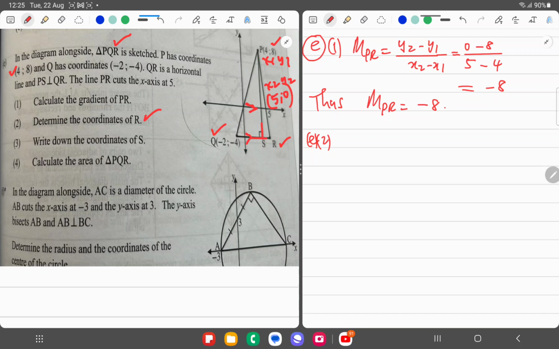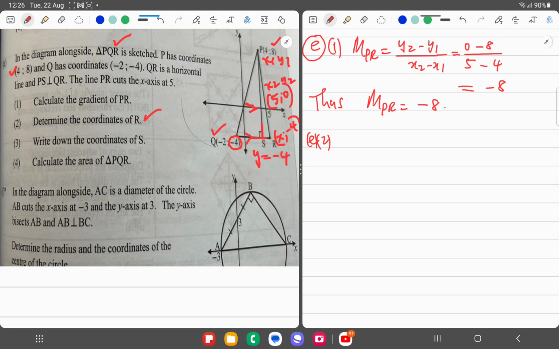Therefore, if y is minus 4 at Q, the equation of the line QR is y equals minus 4. With that, we can write down the coordinates of R: x is some x and y is minus 4, but we do not know exactly what x is, so we need to find the numerical value of x.